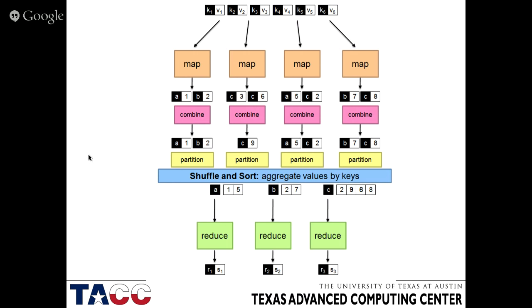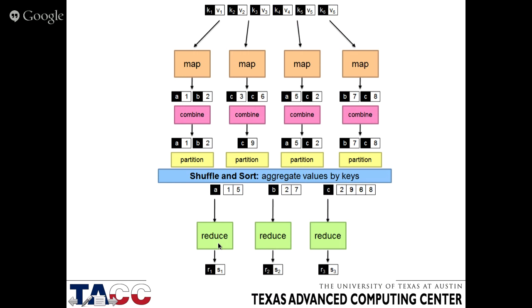Then the output will go through a few other phases, which combine the key value pairs with the same key together, group them into smaller groups, and send each group to a corresponding reducer.